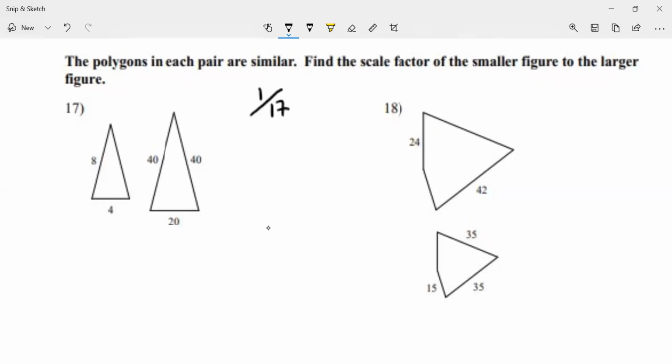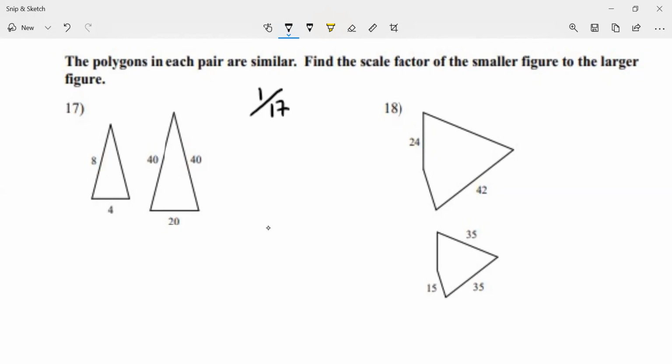What that fraction means, like when you buy model cars at the store, is that 1 inch in the model car represents 17 inches in the real car. That way you can find out the length of certain things. Or you have a model airplane. We cannot just easily go to an airplane and get our measuring tape and measure things. But if you have a model airplane and you know the scale factor, you can find out the length of things.